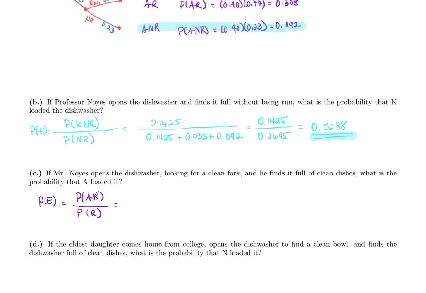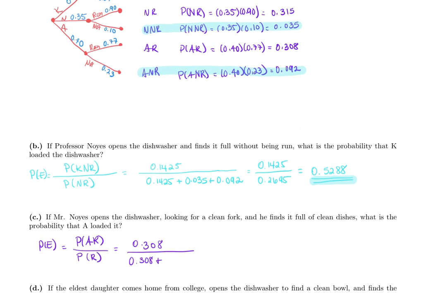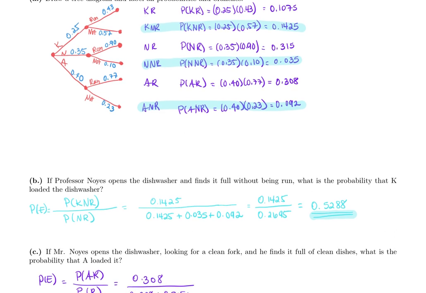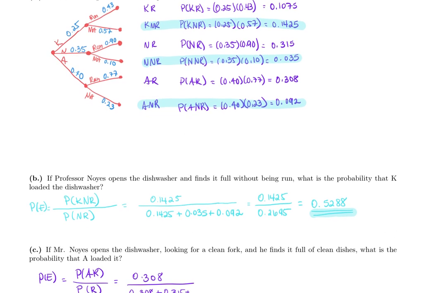So the probability that A ran it was 0.308. And the different ways it could have been run could have been that A loaded it and ran it, or N could have loaded it and ran it, which is 0.315, or K could have loaded it and run it, which is 0.1075.